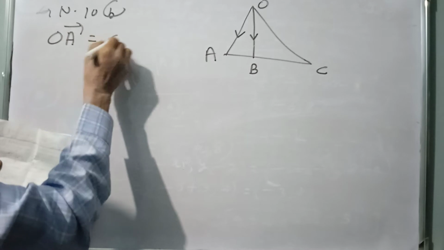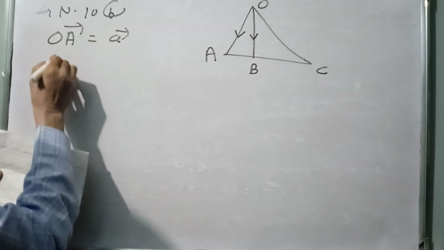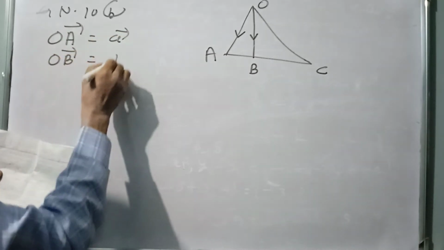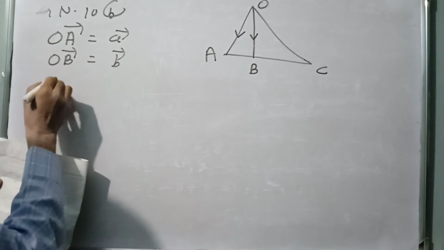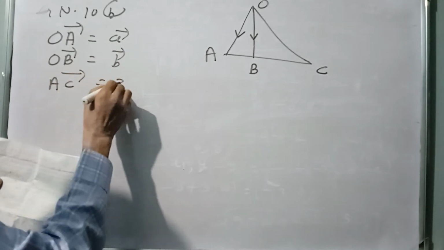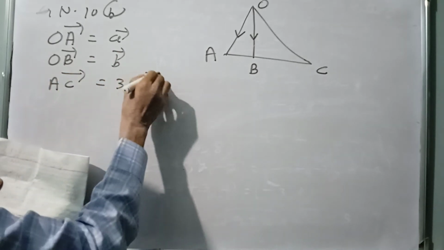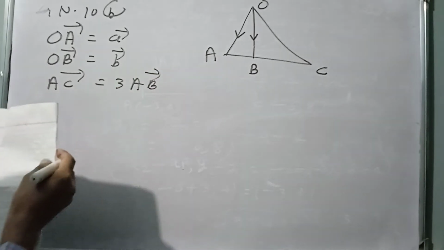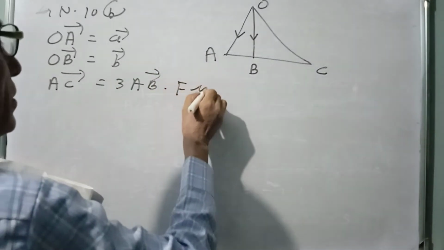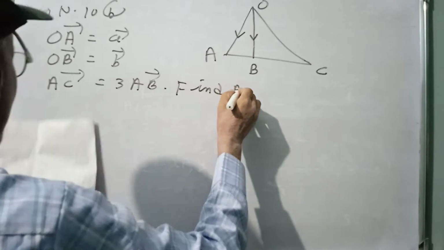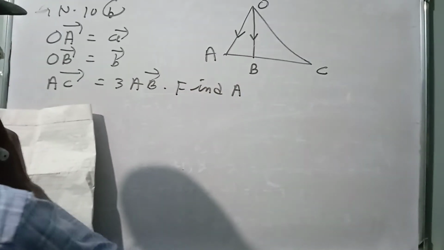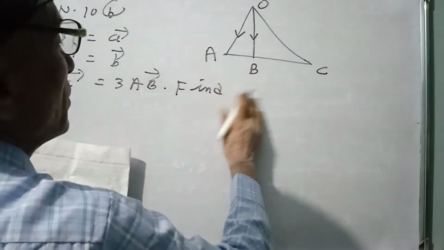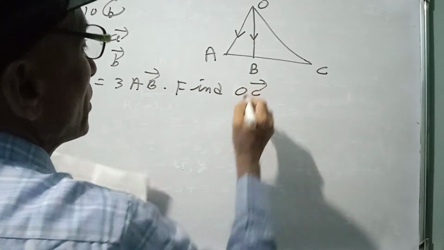In the figure, OA equals vector A, OB equals vector B and vector AC equals 3 times vector AB. Find vector OC.